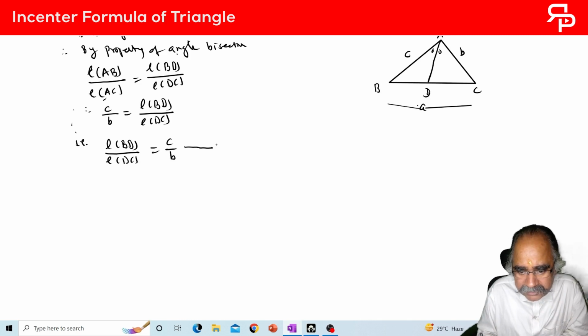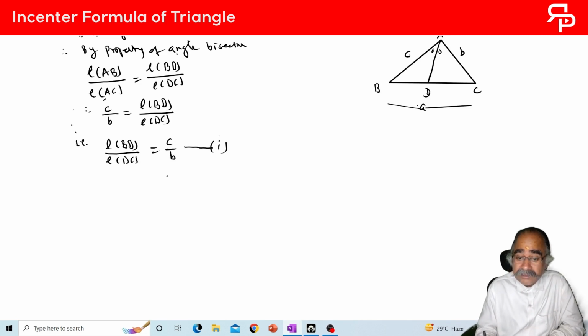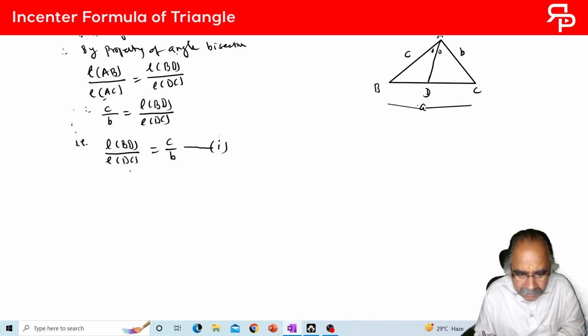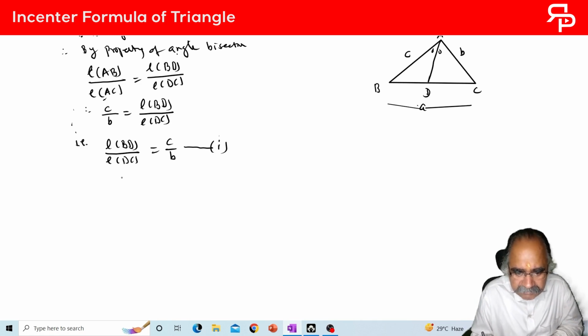This is a very important equation; later on we'll be using this equation number 1. So what is BD upon DC? It is the ratio in which D divides BC.